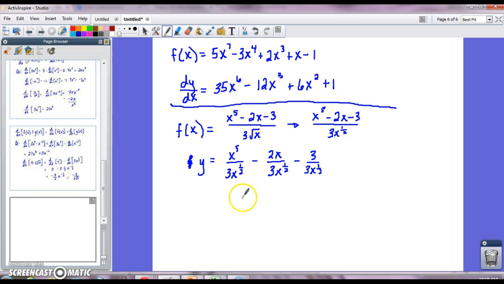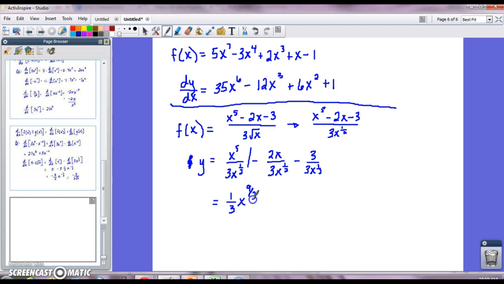And now what I can do is rewrite that. Remember, when you divide things with the same base, you subtract their exponents. So this first term would be 1/3 x to the 9/2, right?